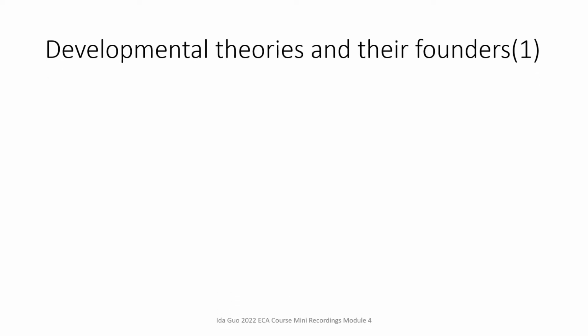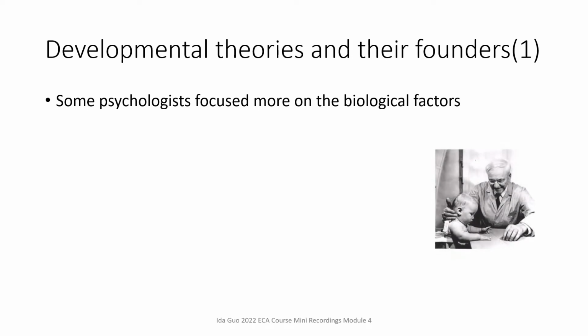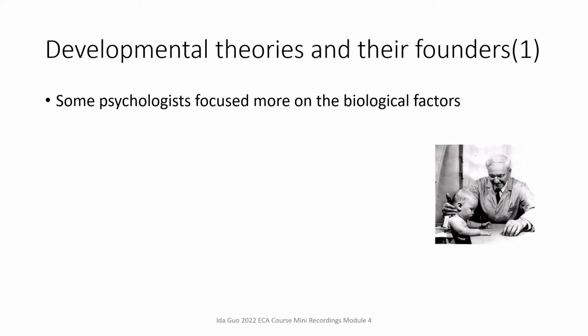Okay, now we're going to come to the meat part of this recording, developmental theories and their founders. Some psychologists are focused more on the biological factors. Can you remember who I'm going to talk about? Remember him? Remember the video clips that we watched together in class? Who's that?